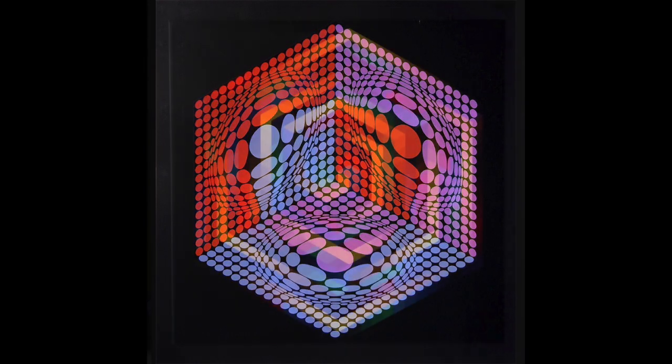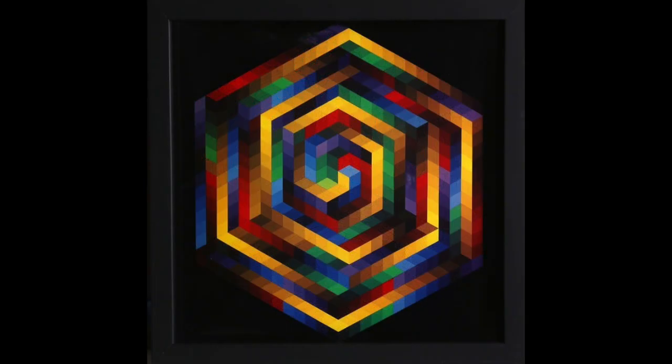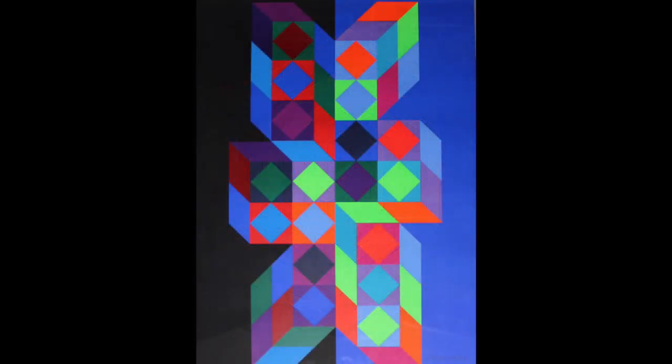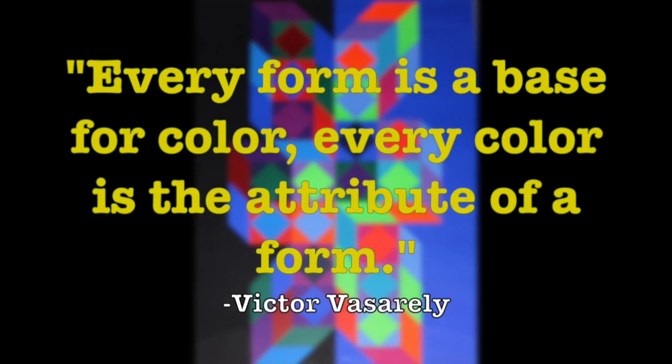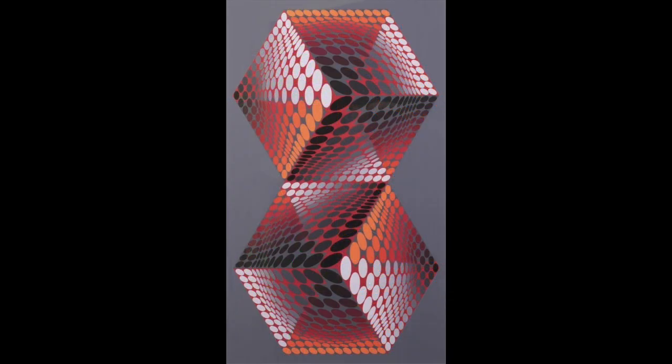These effects were enhanced through varying color relationships and geometric designs that would create pattern. Through his op art works, he wanted to evoke emotion through art. He would say, "Every form is a base for color, every color is an attribute of a form." Using mathematics and geometry, his artworks would receive numerous awards and honors, as well as being featured in a great number of exhibitions.